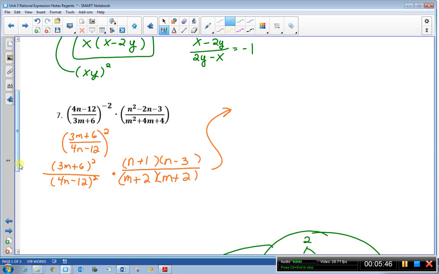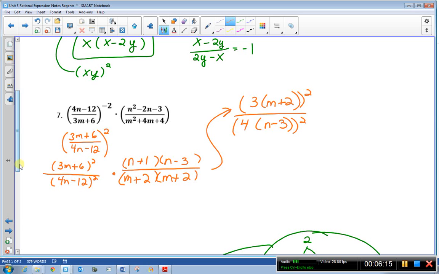But 3m plus 6 also has a GCF. So that's going to be 3 times m plus 2 squared over 4 times n minus 3 squared.